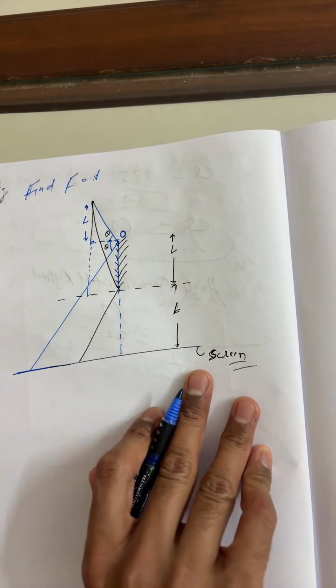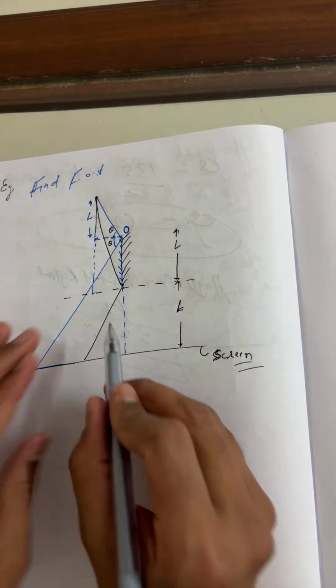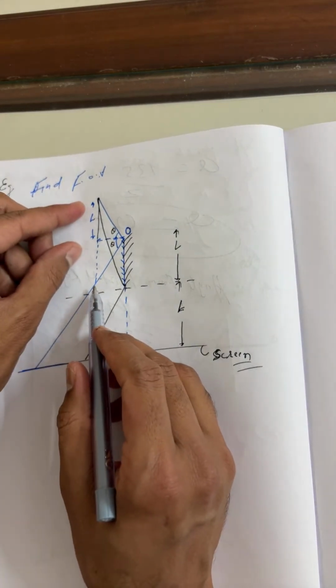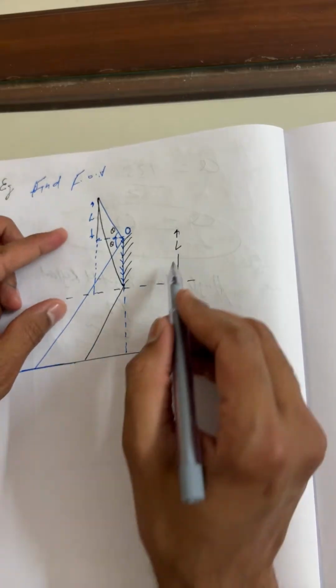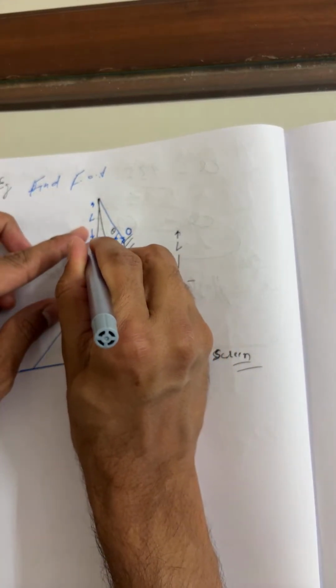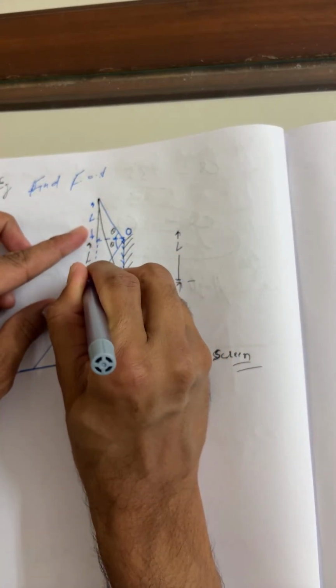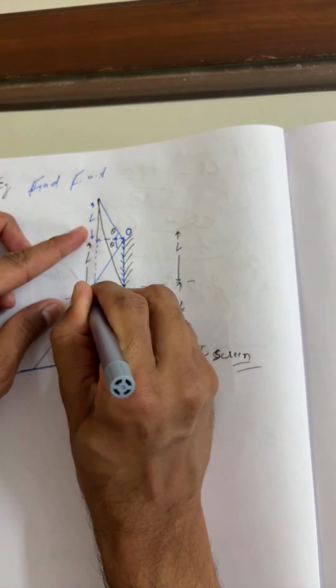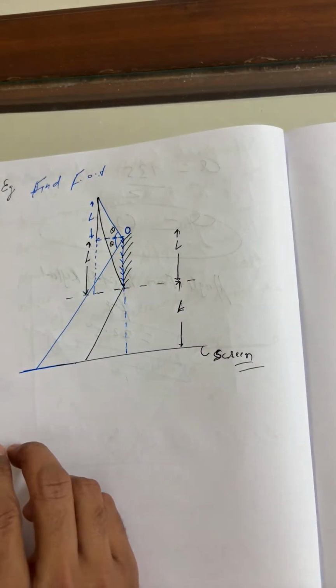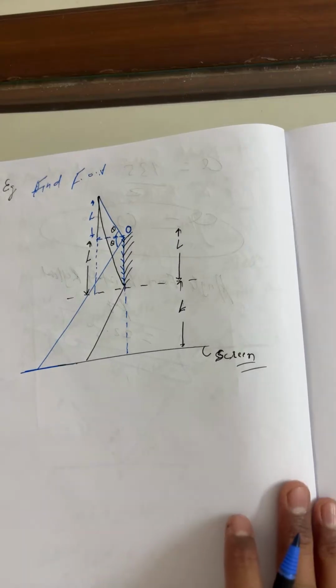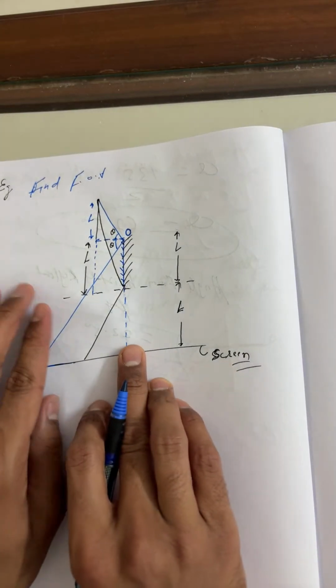Now this is L, beta, right? This is L, beta. You know this is also L. It's nothing but the length of the mirror.